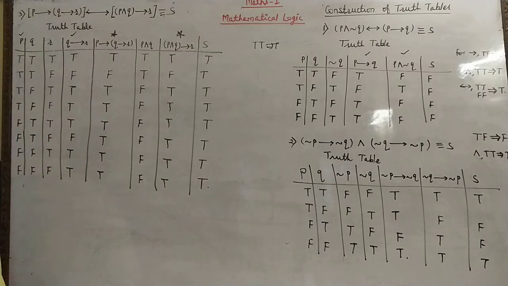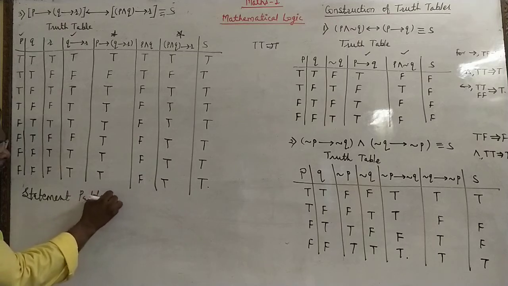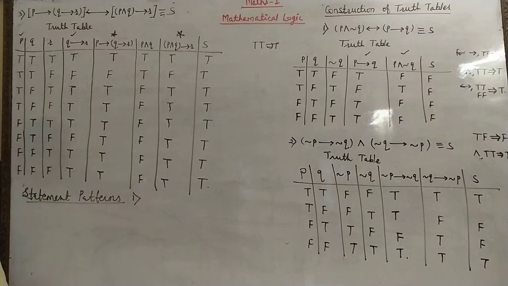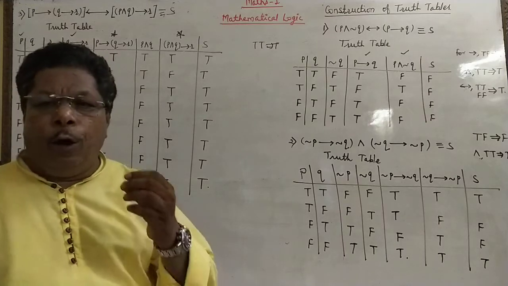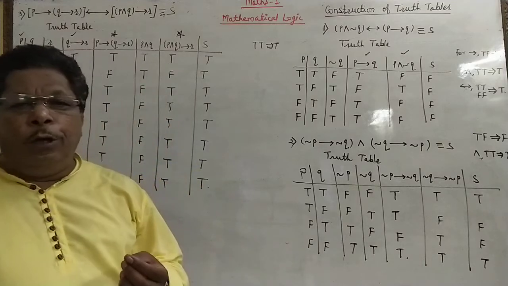Now see, there are three types of statement patterns. First one, tautology. Second, contradiction. And third, contingency. What is meant by tautology?